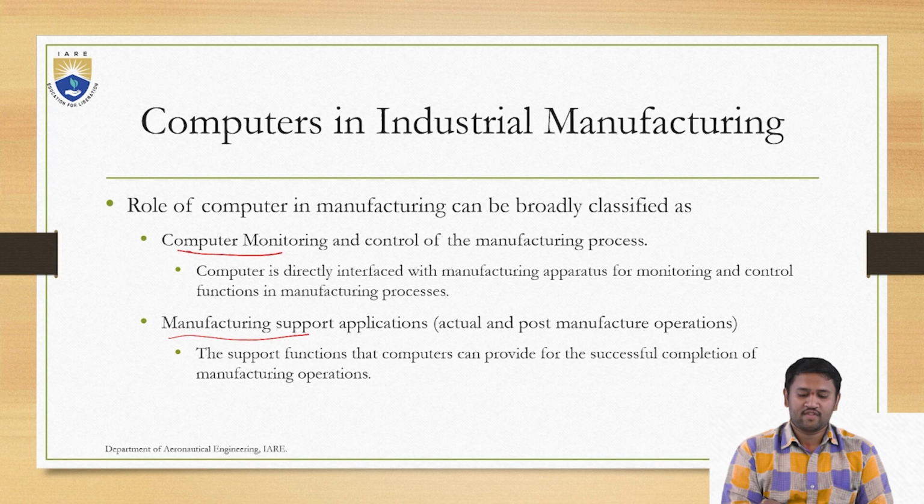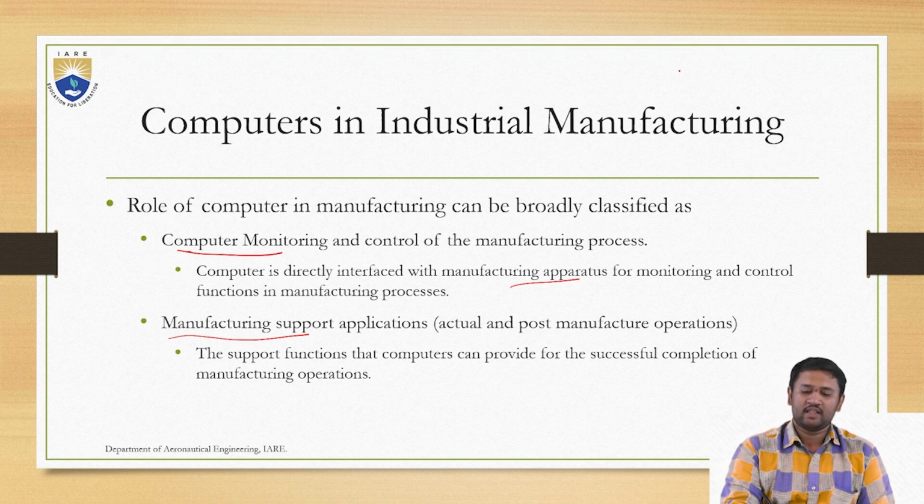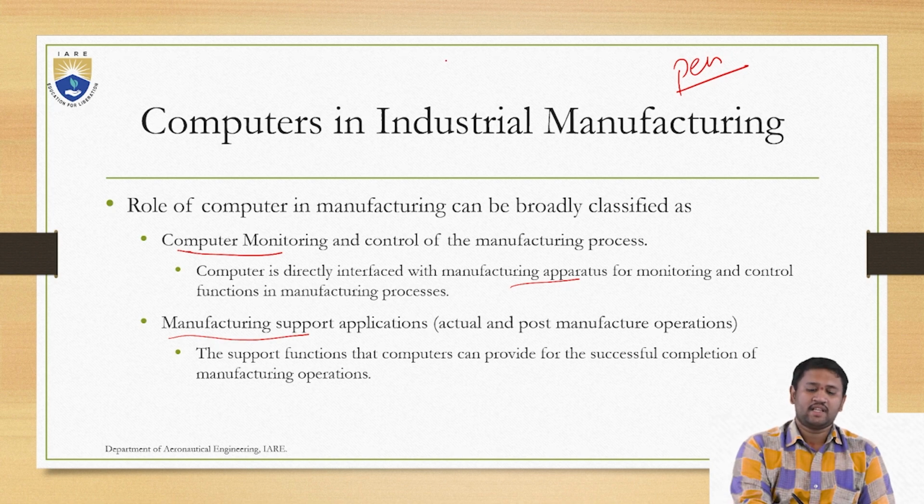Right? In what way? Basically, let's say computers are directly interfaced if we are producing few products. For example, a pen, right? Whenever we are manufacturing pens, handmade production of pens is currently a bit tedious process. So in order to overcome this particular process, what we'll be doing, we'll be integrating computers, right?